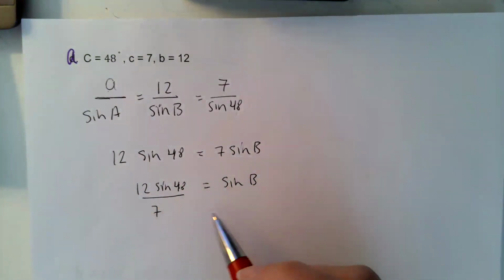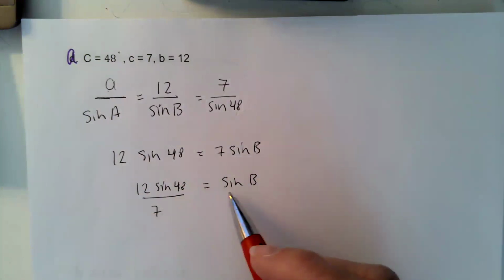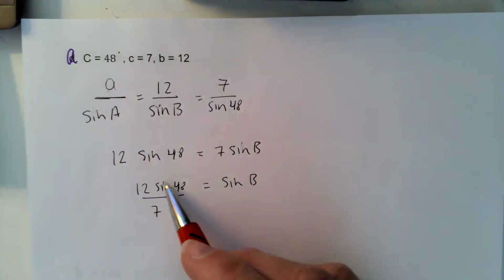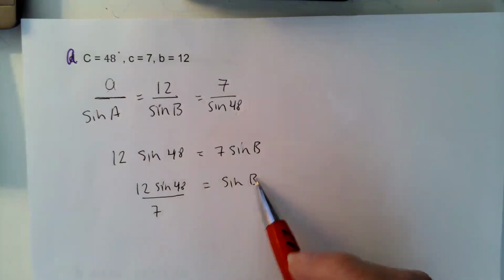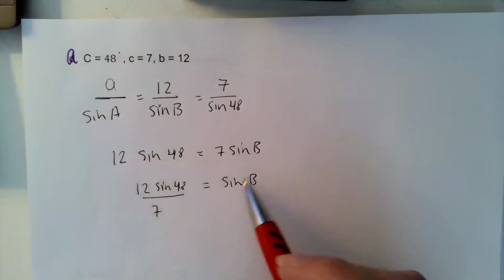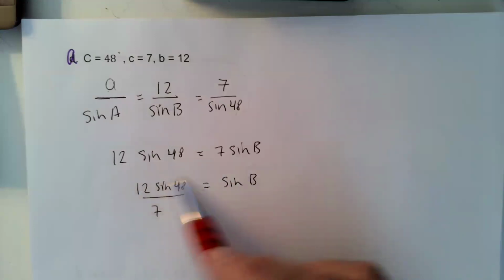So we would be using the inverse sine here for this. And so we would be looking for the sine of some B ratio that would give us this answer. So the sine of some angle would give us this ratio.